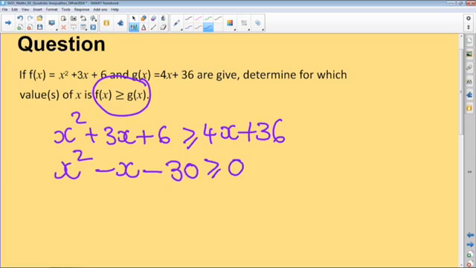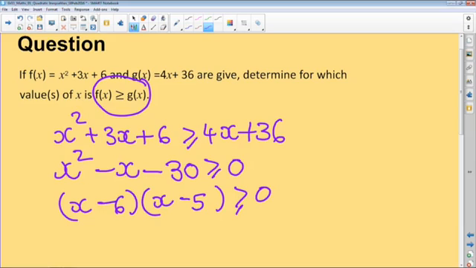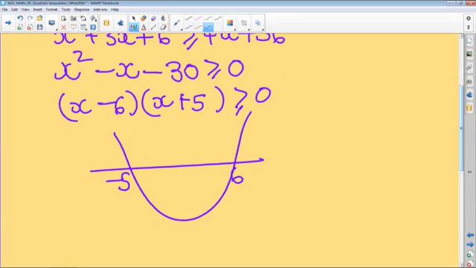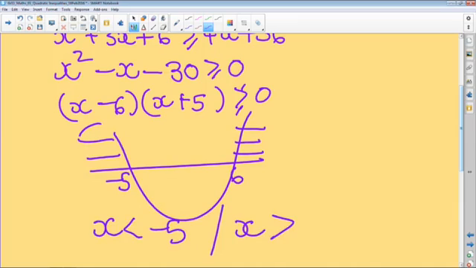Now, after working out, you then factorize. Then x, okay? And then 6 and 5, minus and plus. So it means that your solution will be minus 5 and then 6, above which is a plus. So it should be x is less than minus 5, or x is greater than 6. But now it's less or equal to, or greater or equal to, right? So you do that.